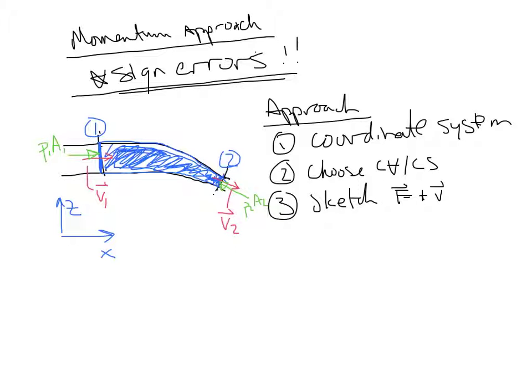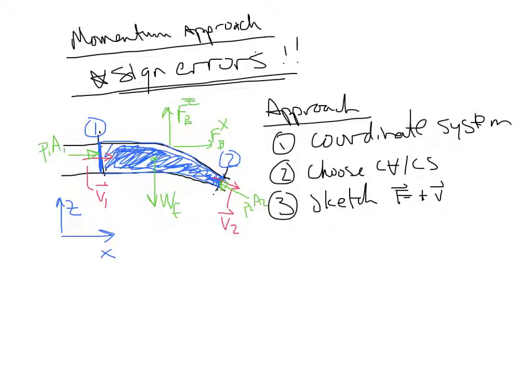We also have the force that the bend is applying to the fluid, and I'll call this F_B,z, F_B,x. Make these capital B's, and that's a z. Okay. So we have the z and the x components of the force that we're looking for. And then finally, we have the weight of the fluid acting vertically downwards.